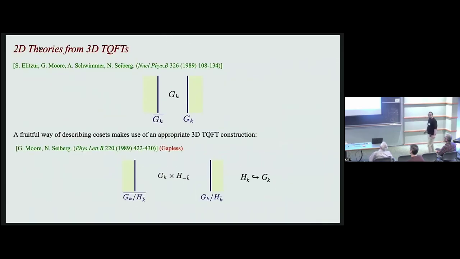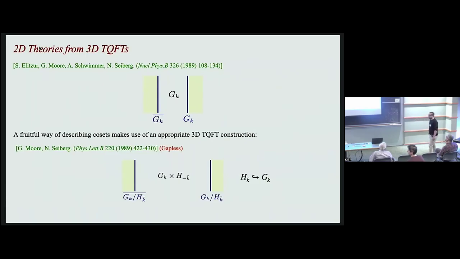We're going to invoke the fact that we can study 2-dimensional theories from a 3-dimensional theory. The first version of that, maybe the best known, is that we can study Wess-Zumino-Witten theory based on a group G at level K from a Chern-Simons theory at group G at level K. Then we impose appropriate boundary conditions to the left and to the right, and we can recover the 2D theory from 3 dimensions.